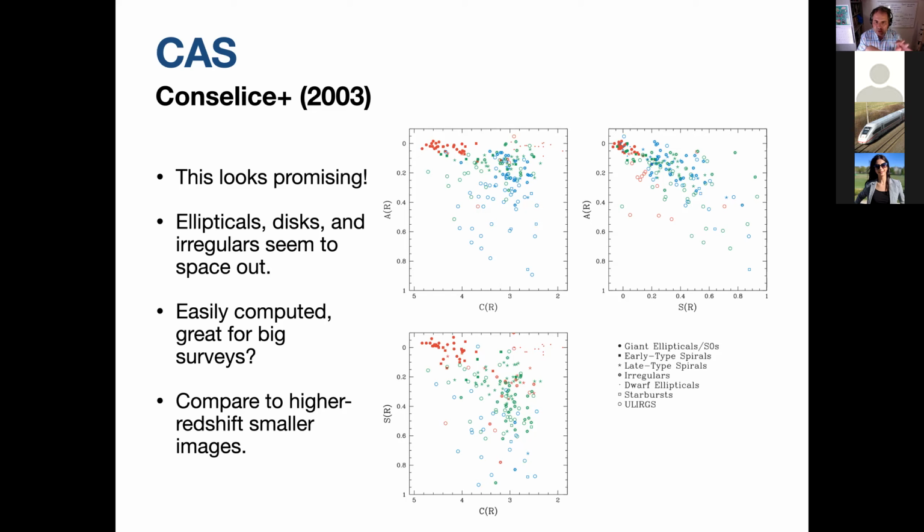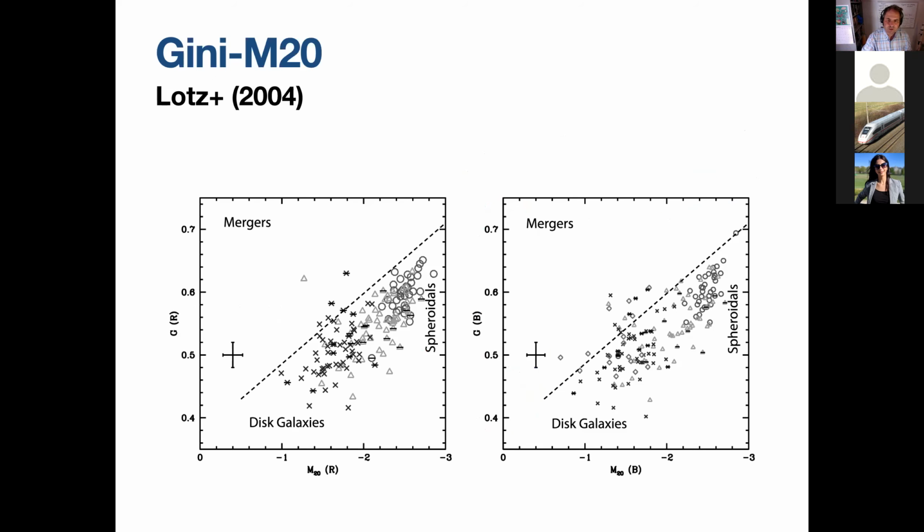It looks like all these different classes separate out in this parameter space pretty well. There's some mixing that's to be expected, but we can give you a probability that way. The second part was that if I do this at low redshift, I can see how galaxies evolve if I do this at higher redshift. It's easily computed, so maybe this is something we can end up using a lot for morphology.